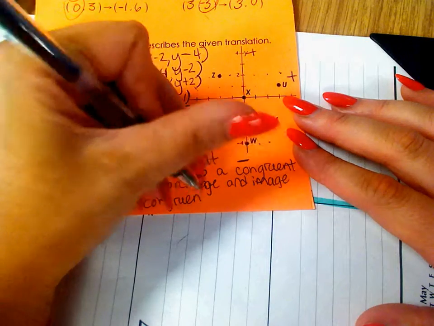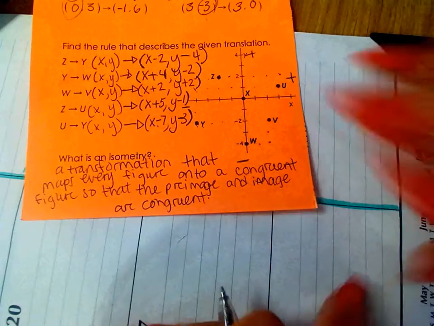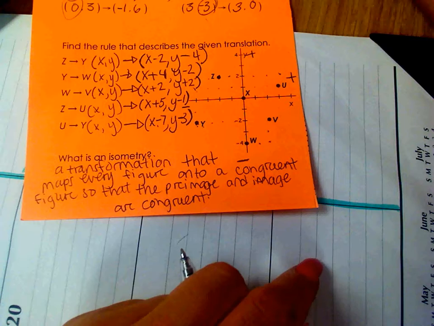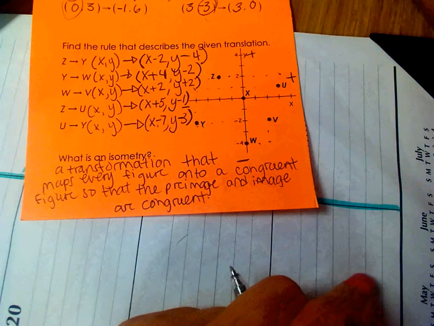So translations are isometries, and they are congruent to each other. The size and the shape do not change. So they are congruent.